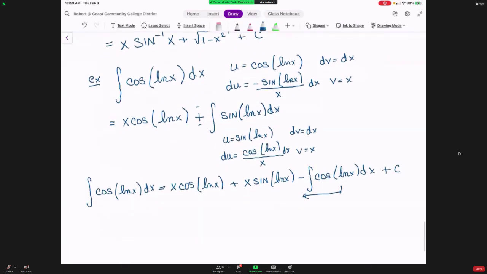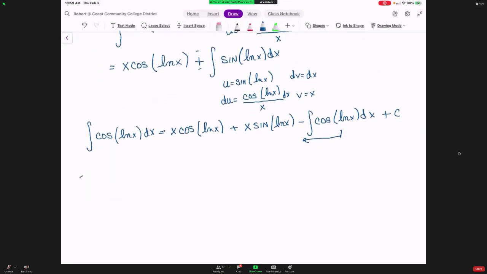So bring it to the other side, two of them equals x cosine log x plus x times the sine natural log x.